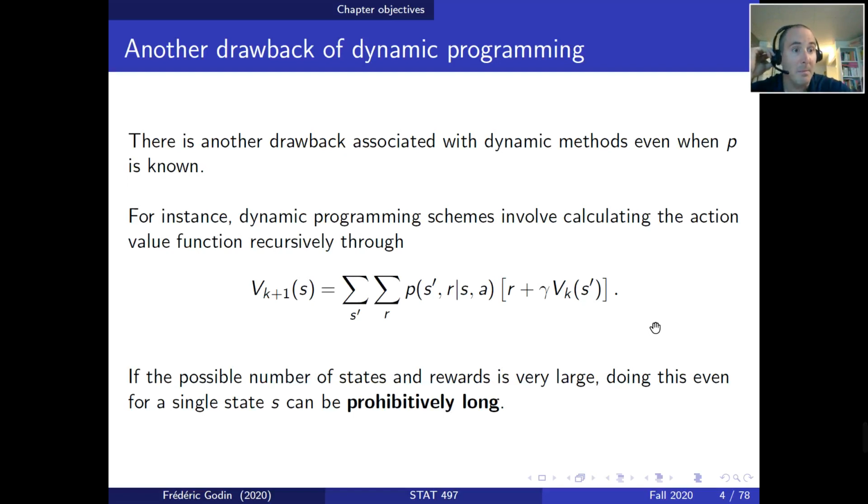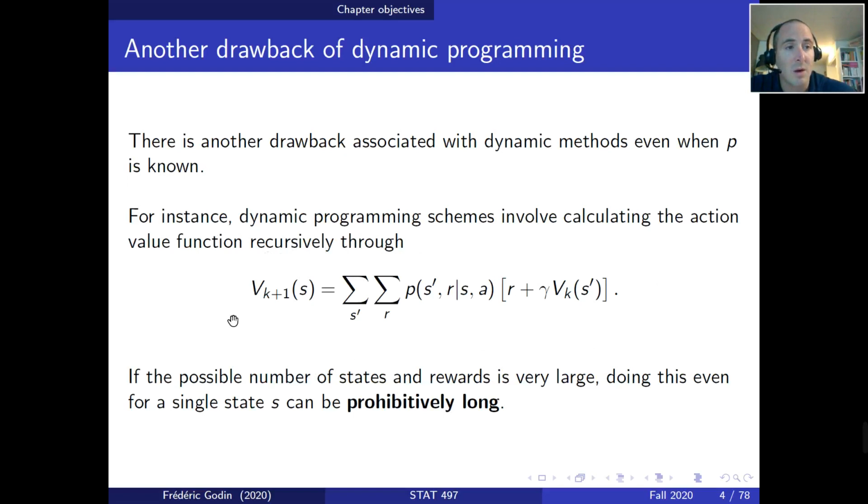Then the framework we saw in the previous chapter involved designing a sequence of value functions which converge to the true value function associated with a given policy. And to obtain this sequence of value functions, we had to go through the following scheme.